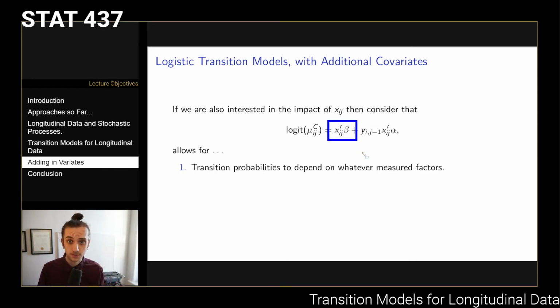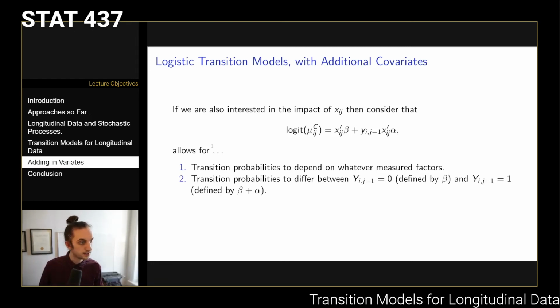And now what you're going to find is that this xij beta term is going to be the transition probabilities when the previous indicator was 0. And then you get xij times beta plus alpha when the previous indicator was 1, right? And so we're allowing for these transition probabilities to depend on covariates, but we still get all of the ones that we could want out of them, right? So this will allow our transition probabilities to depend on whatever measured factors we want.